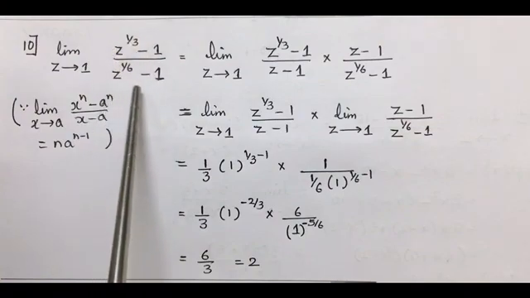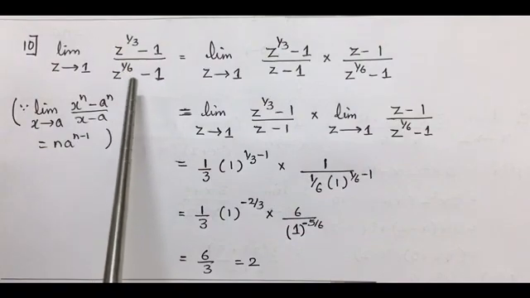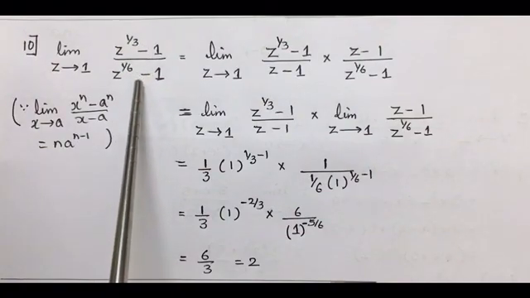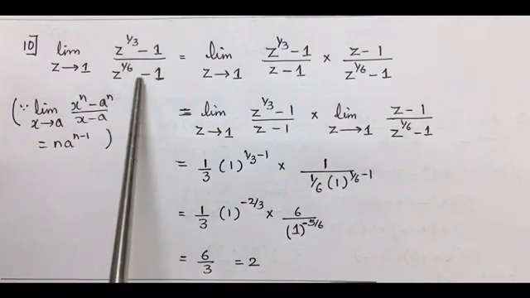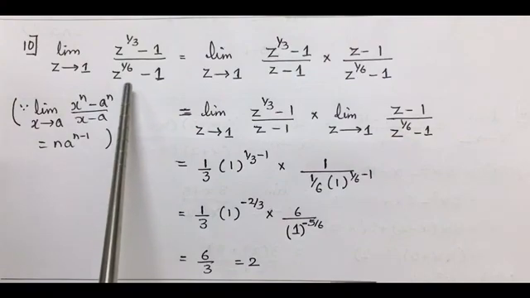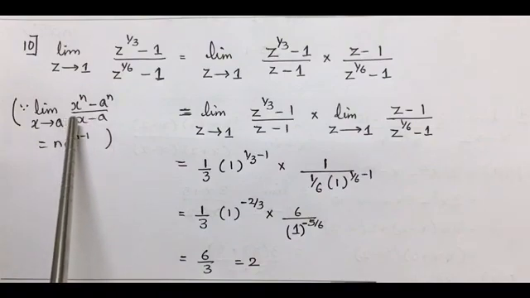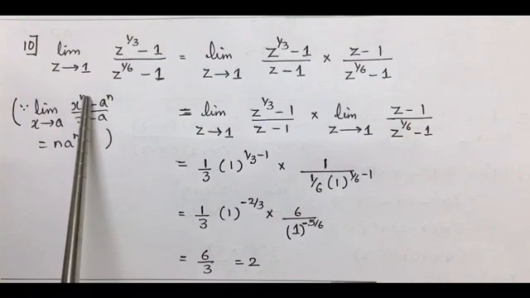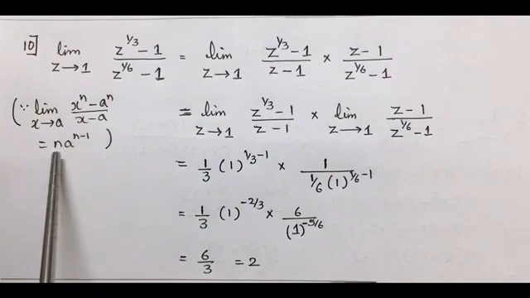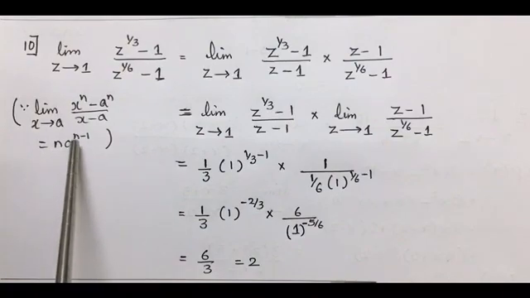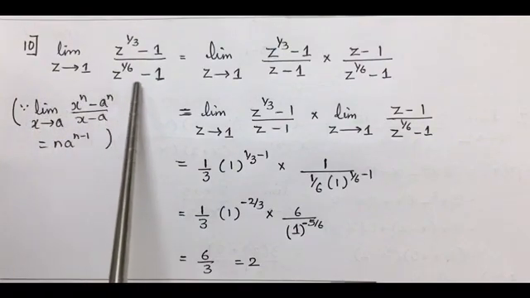Now looking at this example and the degrees, that is 1 by 3 and 1 by 6, in both numerator and denominator, the formula fitted for calculating this type of limits is limit x tends to a, x raised to n minus a raised to n divided by x minus a is equal to n a raised to n minus 1. So this formula we have to use.